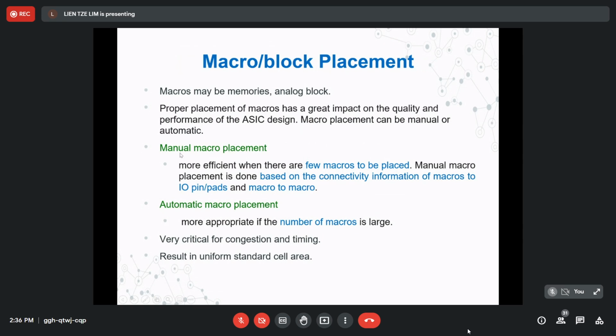Manual macro placement is more efficient when there are a few macros to be placed. It is done based on the connectivity information of macros to input output pins and macro to macro. Automatic macro placement is more appropriate if the number of macros is large. It is very critical for congestion and timing, and results in uniform standard cell area.